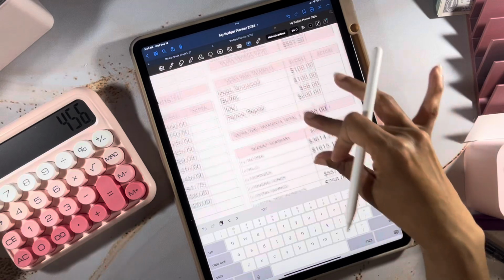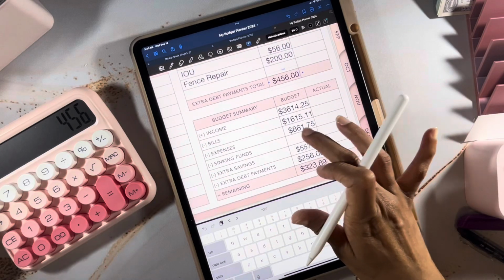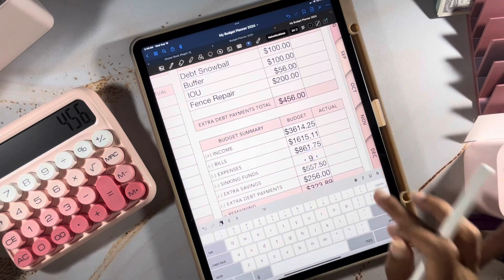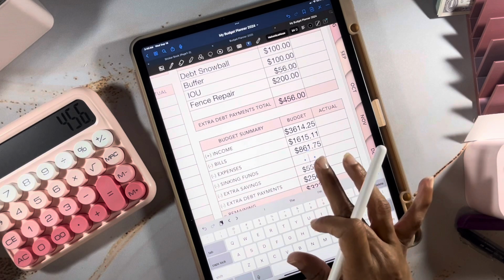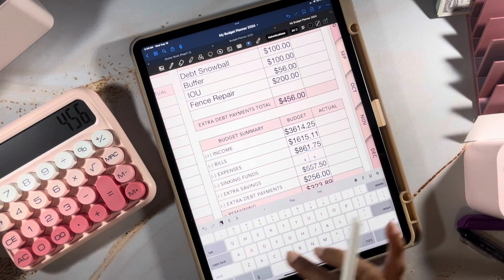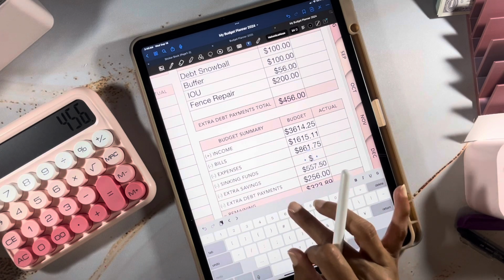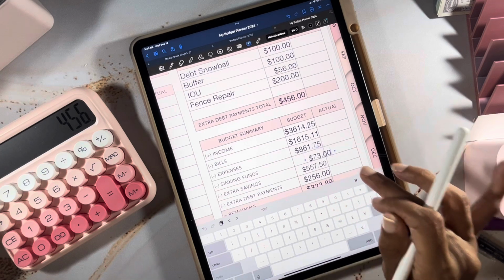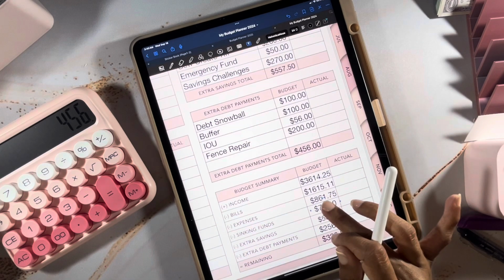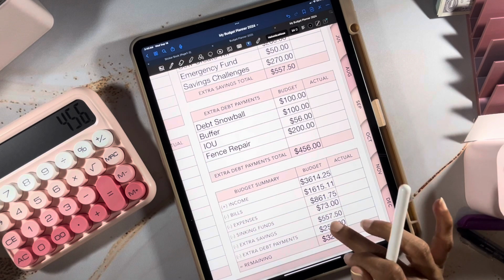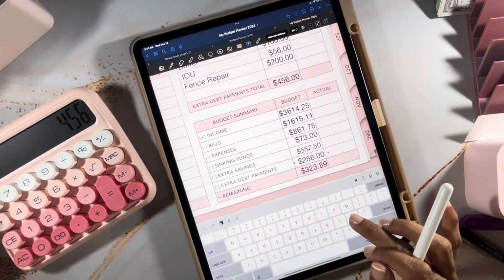Okay, so then let's go ahead and put the sinking funds is $73. Okay, and then we need to change this to 456.